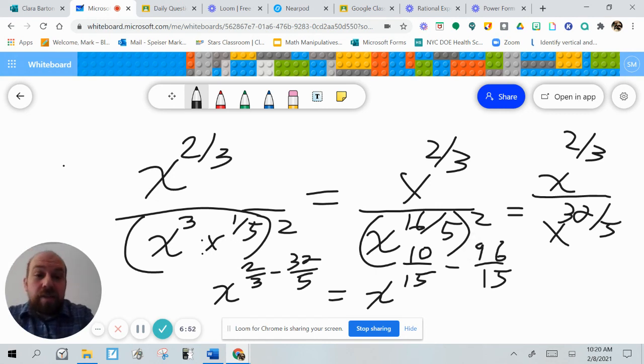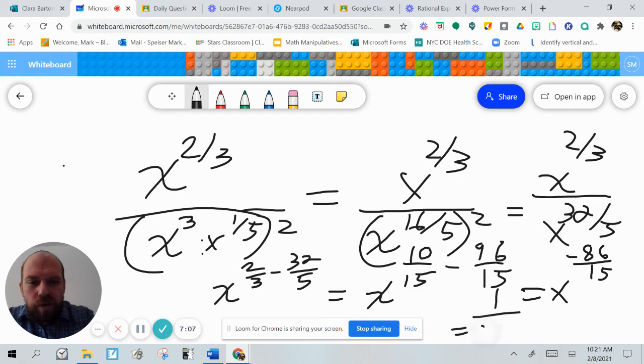So it's 10/15 minus 96/15. Subtract 10, take away 96, is negative 86/15. Negative exponent, you write it as 1 over x to the 86 over 15 as your power.